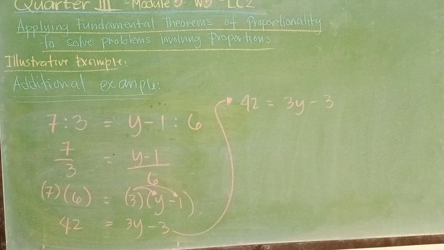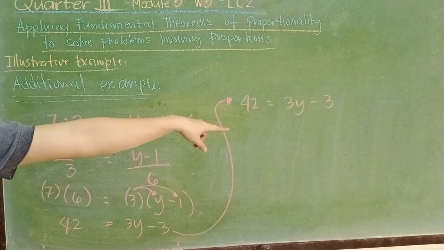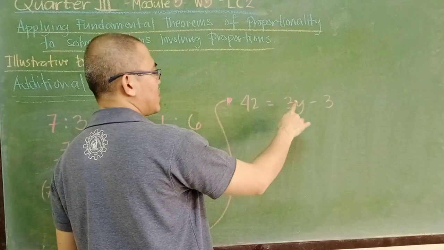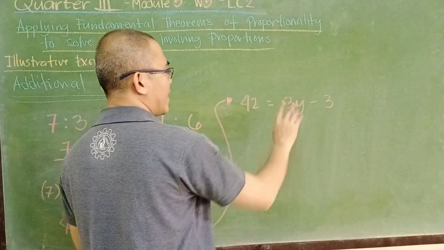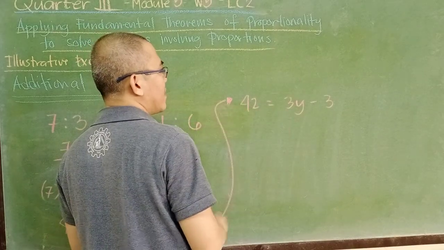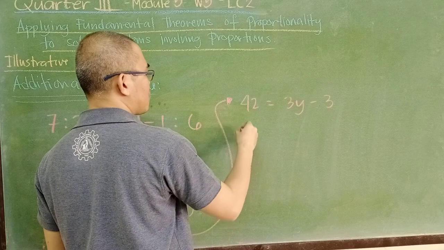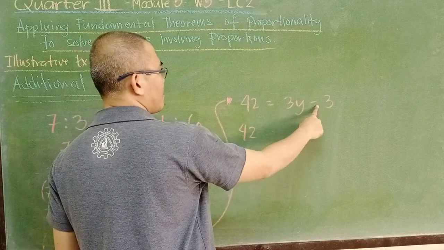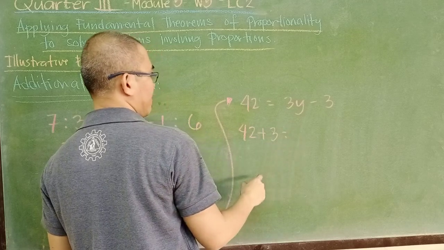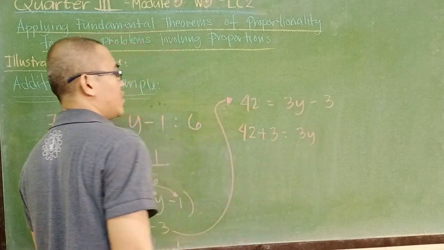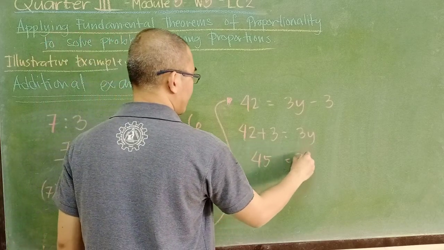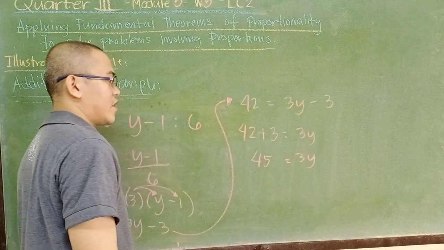So next, we transpose the constant term to the other side, which is the negative 3, because eventually we only want the y. So all numbers that go with y need to be moved to the other side, or they can be canceled. So the constants, you can transpose. So 42, from negative 3, when moved to the other side, becomes positive 3, and then 3y. Next, 42 plus 3, that is 45, is equal to 3y.